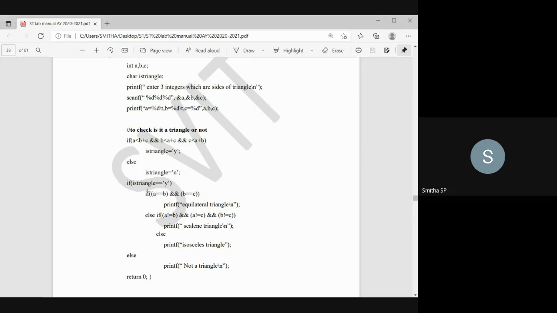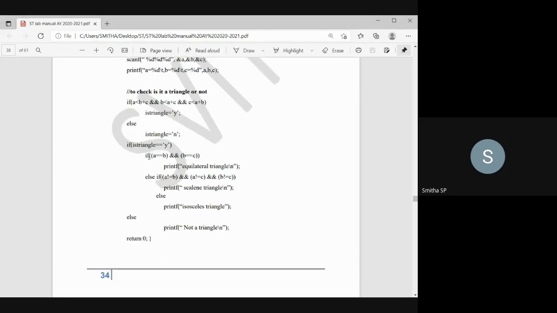Next, if the condition is satisfied and the true flag is set, you have to check which type of triangle it is. There you are checking the condition: if a is equal to b and b is equal to c, then a is equal to b is equal to c, in the sense the third side, a is equal to c, should also hold good.